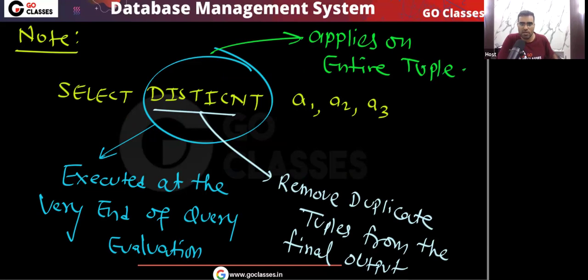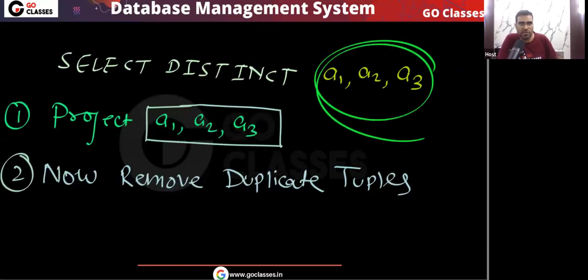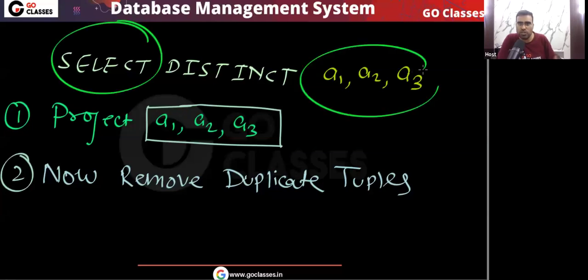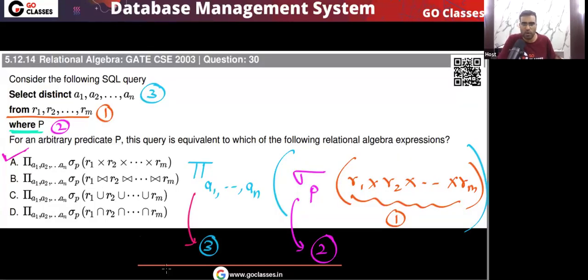Is this clear? So remember, very simple. When you see this, first you project A1, A2, A3, then you remove the duplicate tuples. Anyway, for this question, the answer will be option A. Very simple question. Now let's move on.